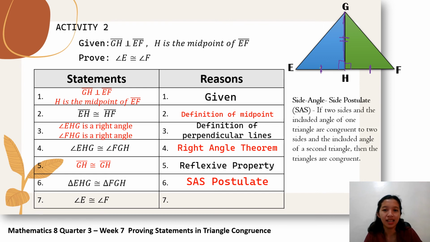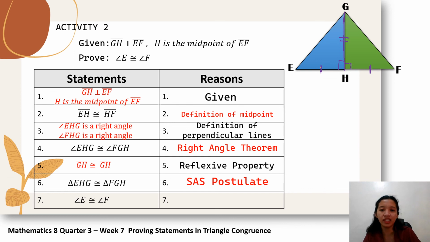Because when we say SAS postulate, if two sides and the included angle of one triangle are congruent to two sides and the included angle of the second triangle, then the triangles are congruent. As you notice, it satisfies our statement. Now, once we prove that the two triangles are congruent, then all corresponding parts of the triangles are congruent. So when we have here angle E is congruent to angle F, our reason for that is CPCTC.